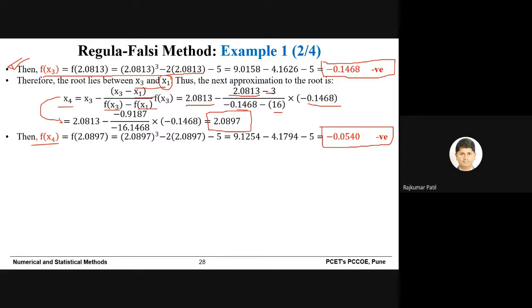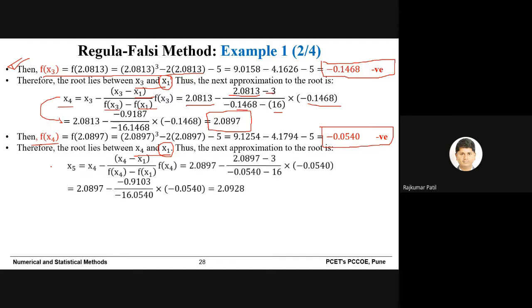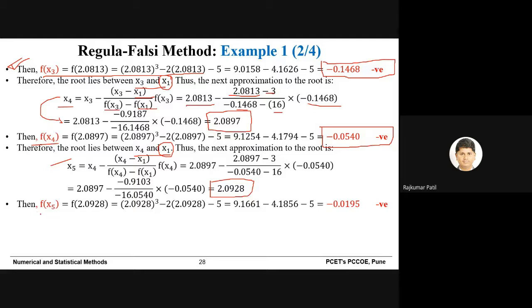Hello friends. Yeah. So f of x4 has a negative sign. Therefore we can say that the root lies between x4 and x1, as f of x1 has a positive sign. So we calculate x5 and it is 2.0928. Again we calculate f of x5. Very interesting here is that when you look at the values of f of x3, f of x4, f of x5, slowly those values are moving towards 0.